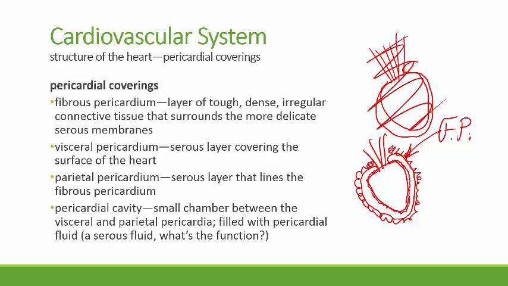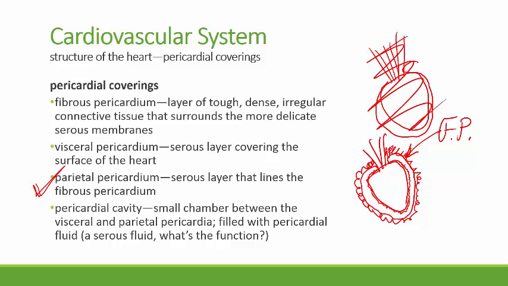The protein fibers are laying at all crazy angles to each other, so that no matter which way you pull on it, it is very difficult to rip or tear. And then this fibrous pericardium is lined on the inside with a serous membrane. That would be the parietal pericardium. It's the serous layer that lines the wall.